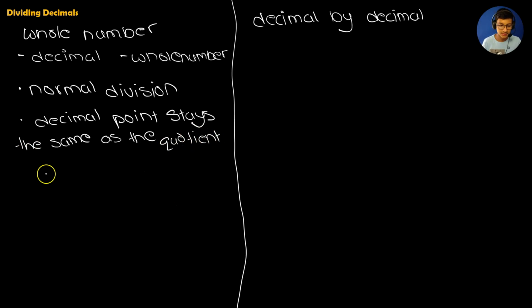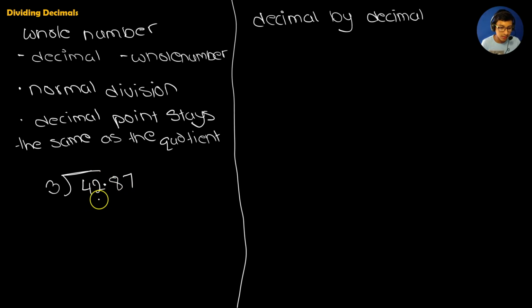Let's see an example. If we have our divisor 3 and our quotient 42.87, this is normal division, and when we are dividing, our answer will have a decimal that stays in the same place as in our quotient.